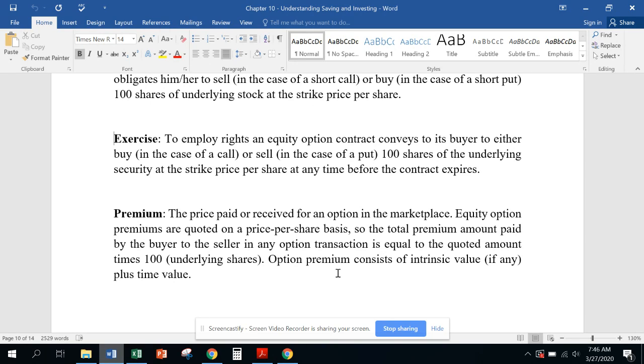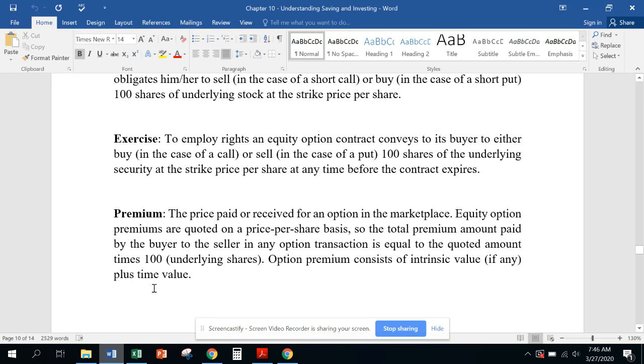So we can analyze: is the option in the money? That means, would it be profitable to exercise this option right now? Can I go buy the security or sell the security at a better price than what the market is saying? If there is in-the-money value, it's called intrinsic value.